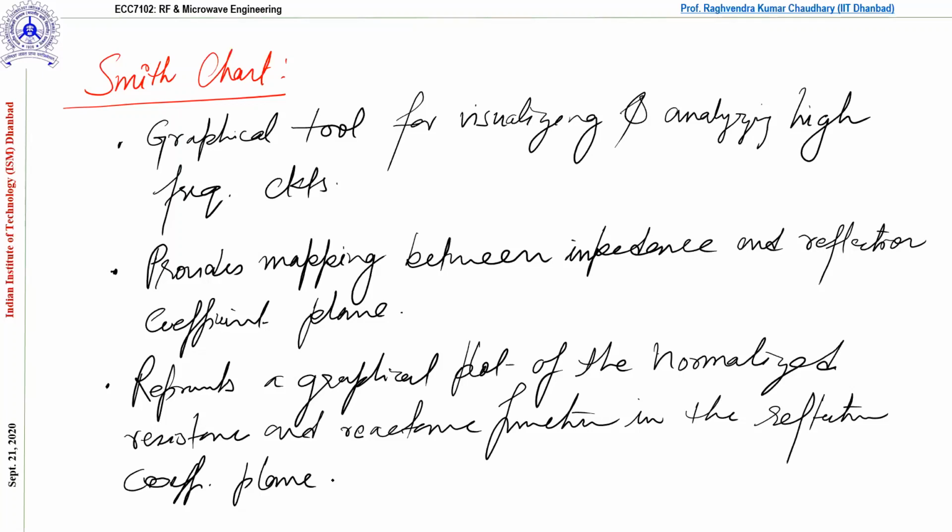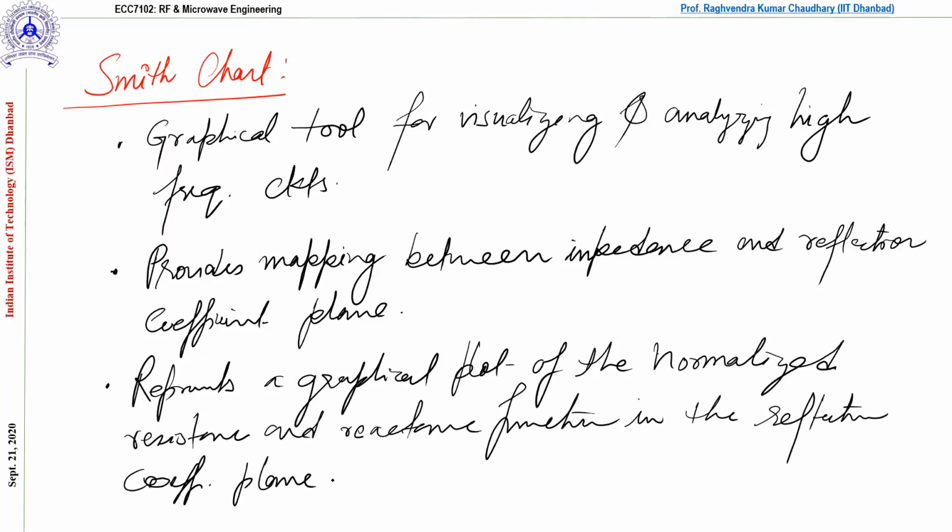Like we have seen the number of formulas, number of things. Sometimes it is really tedious to calculate all those things from the calculator. Now, for proper visualization, you can use this graphical method for visualizing high frequency circuits. Correct. Basically, the matching issues we are handling with the Smith chart, and the idea is the same.